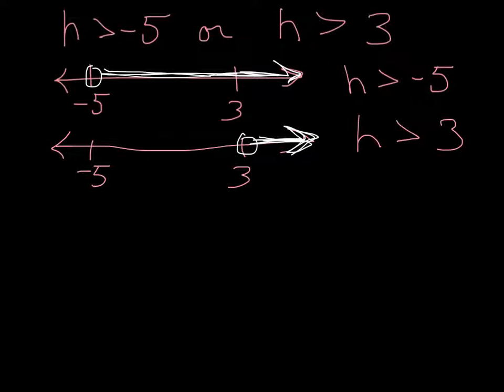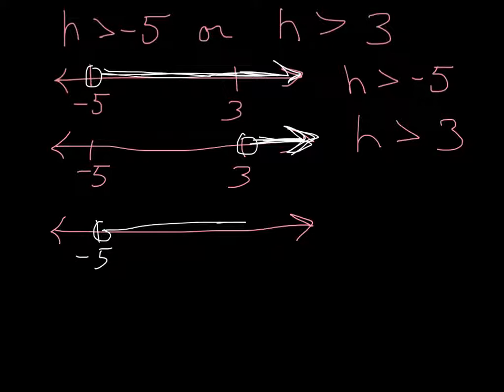If we talk now about what the union of these two graphs would look like, that would mean any place that we had shaded on either graph would now become a solution set of the compound inequality. So we would shade everything from negative 5 onward, okay? We would include anything that we had shaded from either of the first two graphs.